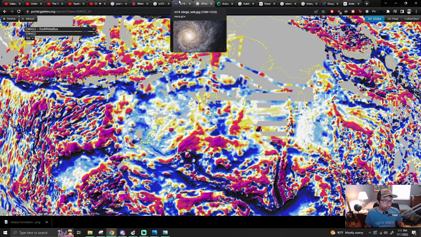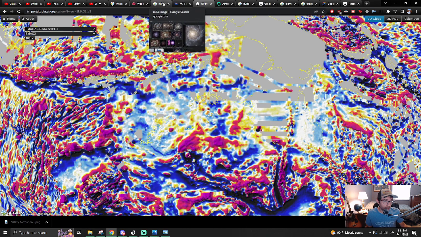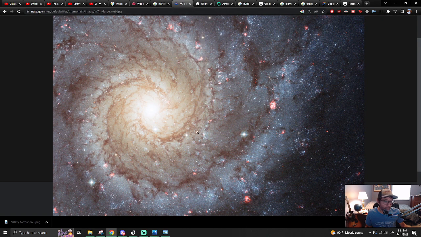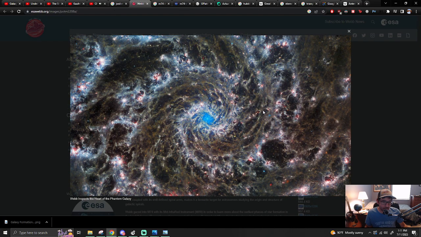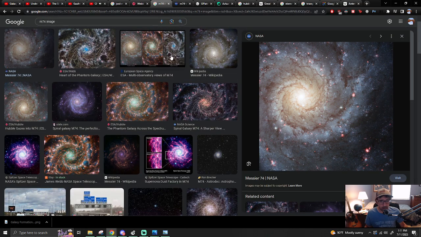And then stellar nurseries tend to be in the arms of galaxies. So again, when we're looking at this one, all these red spots tend to be in the arms of galaxies where the gas is densest. So that's something to keep in mind.